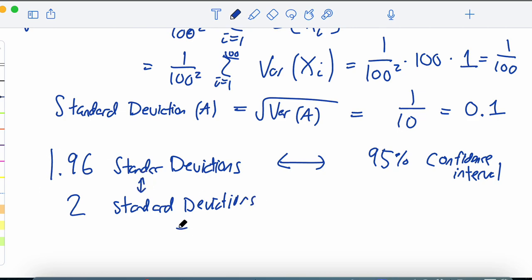So in general, if you go from minus 2 SD to plus 2 SD, you have a 95% chance of being somewhere in the range of minus 2 to plus 2 standard deviations. The standard deviation is like the length scale, and this magical formula, 1.96, tells you how many length scales will capture 95%. And this works for anything that is approximately Gaussian. When you're averaging things, it becomes Gaussian.